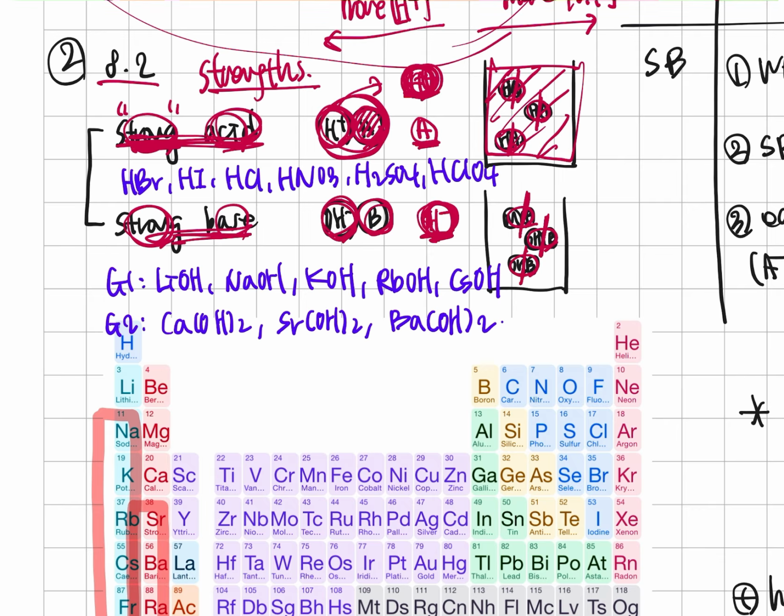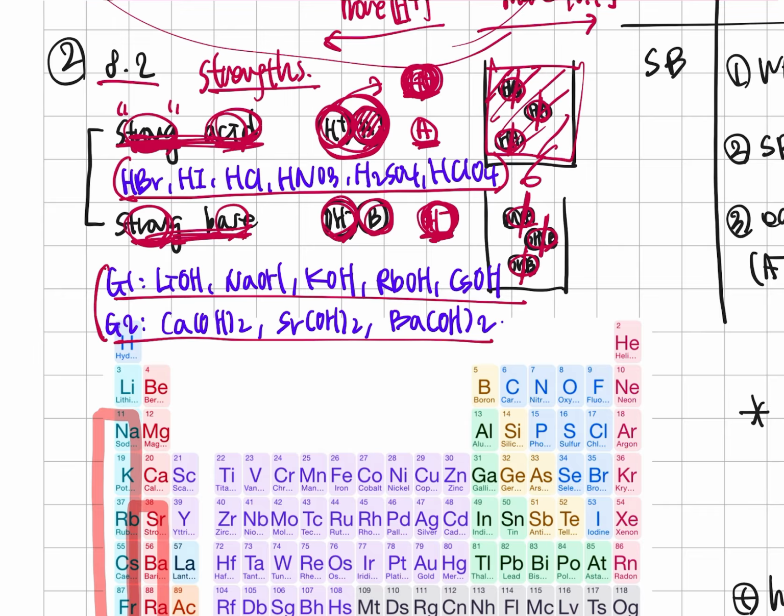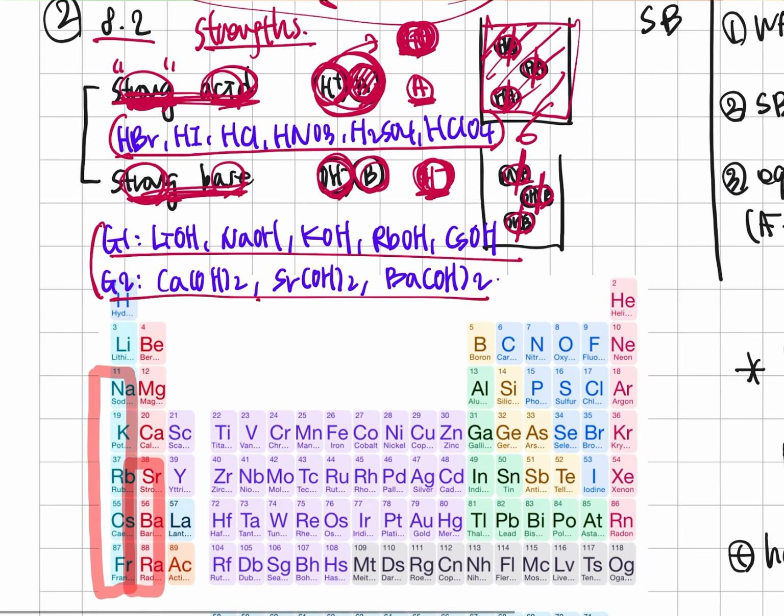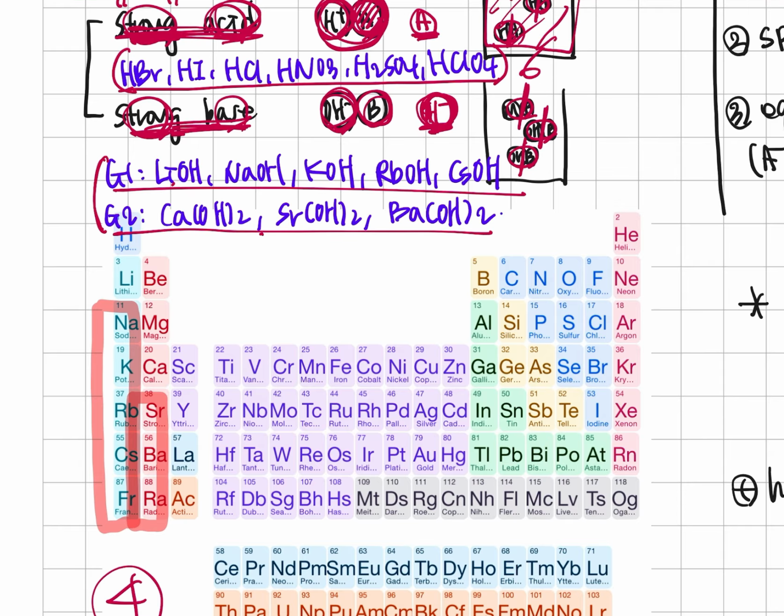Strong acids and strong bases, you do have to memorize what they are. For strong acids, these are all the strong acids, and you only have to memorize these 6. For strong bases, you don't really have to memorize them, because if you see here, there's lithium, sodium, potassium, rubidium, and so on, and they are all in group 1 of the periodic table.